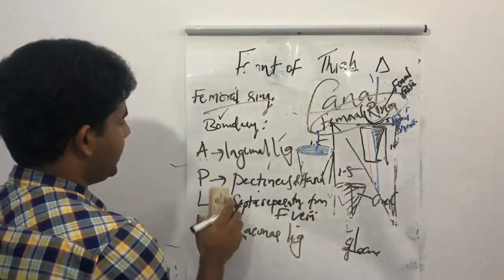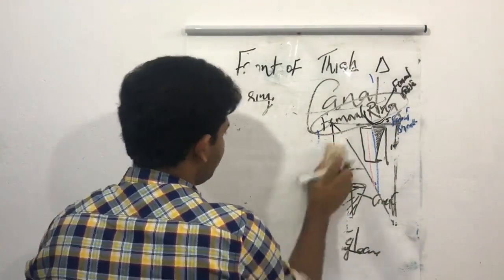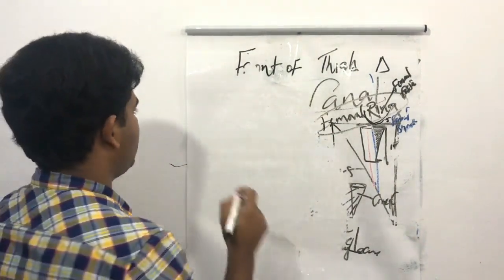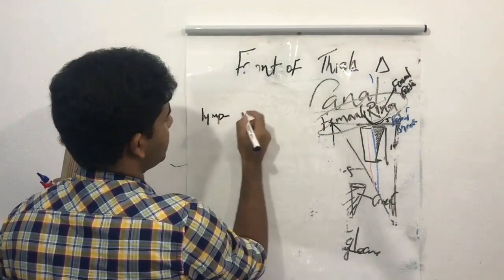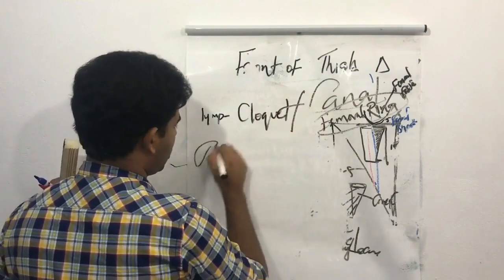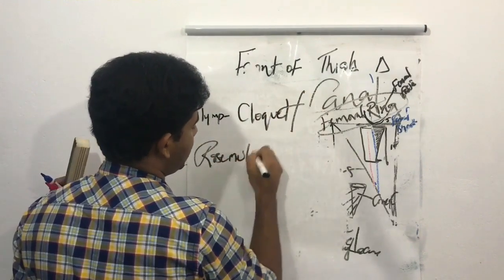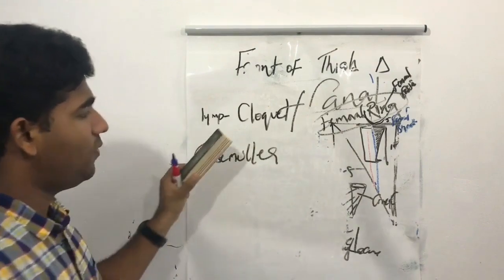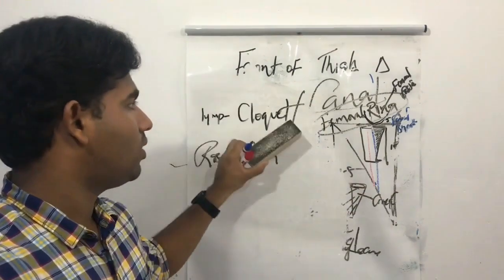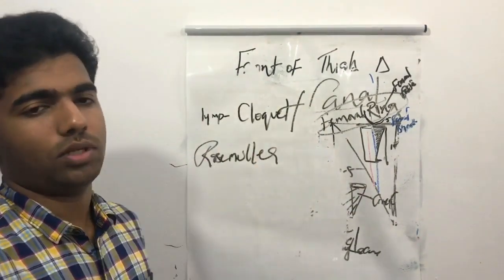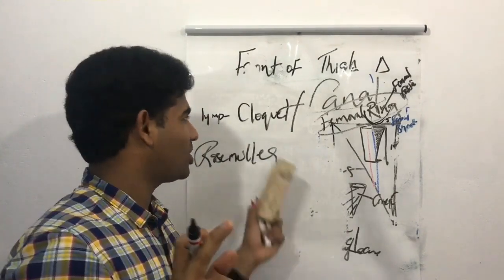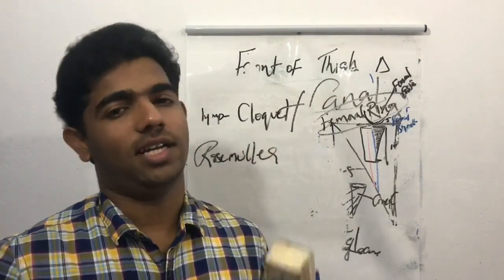Now we studied that this compartment is known as the lymphatic compartment, because it has lymph nodes, known as Cloquet or Rosenmuller lymph nodes. Cloquet, not closet.